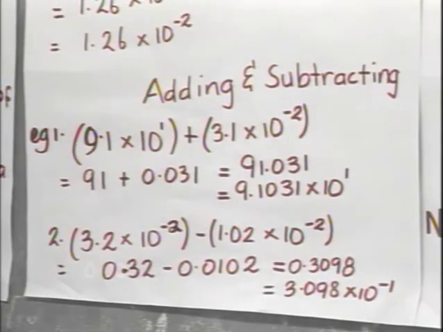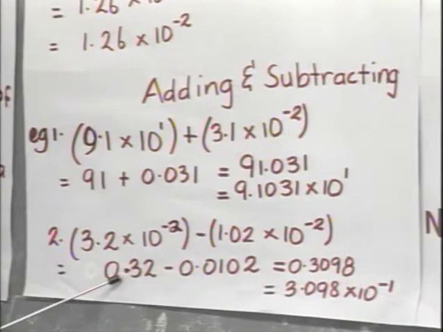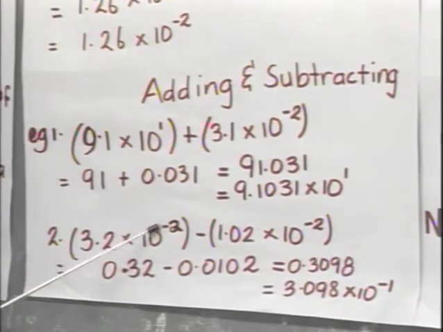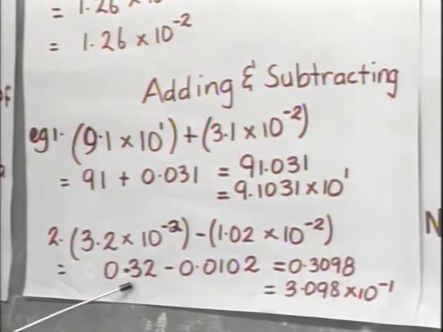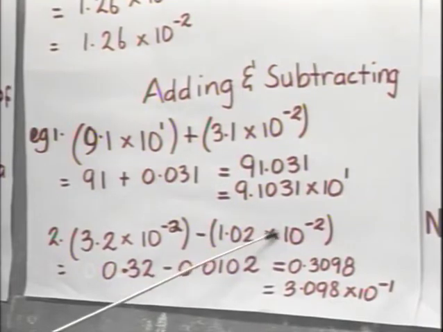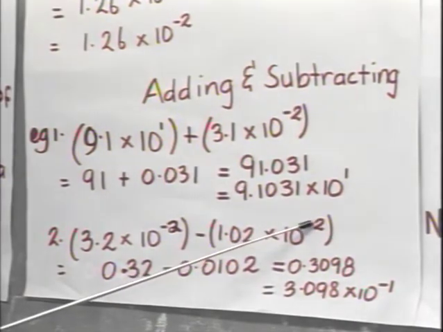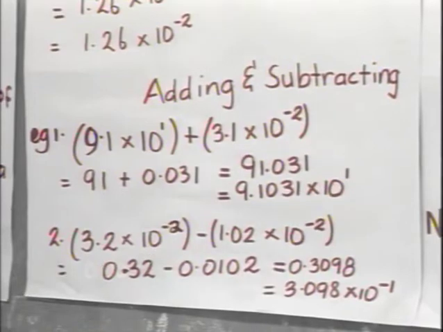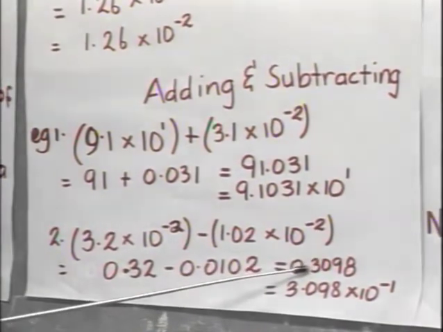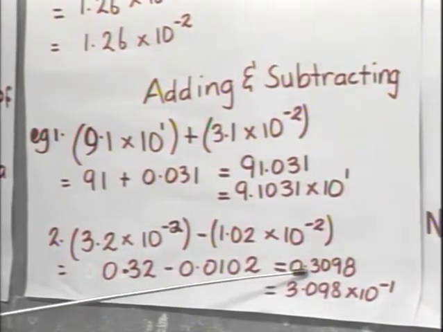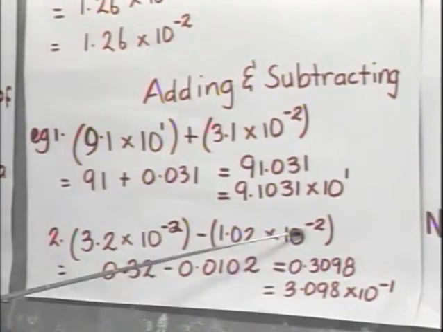Okay, next one is subtraction. The same rule applies. Write the numbers in full. 3.2 times 10 to the power of negative 2 is 0.32. Take away 1.02 times 10 to the power of negative 2 is 0.0102. And then I subtracted. Just check my answer here using your calculator. See if it's correct, because I didn't use the calculator.